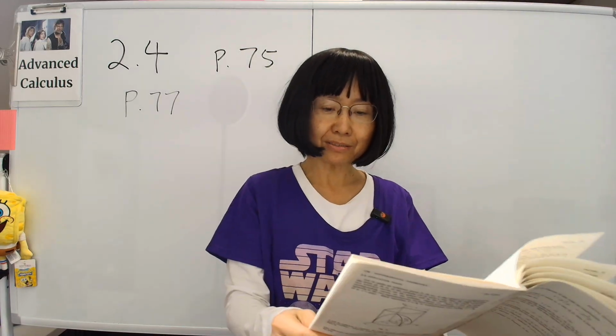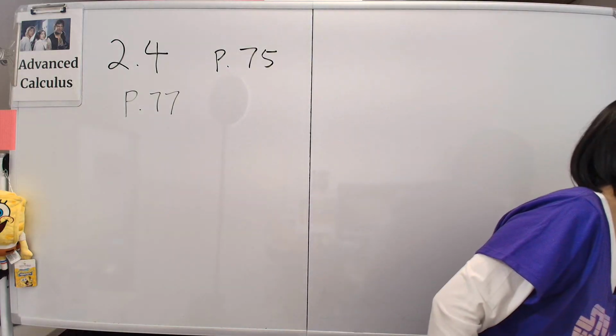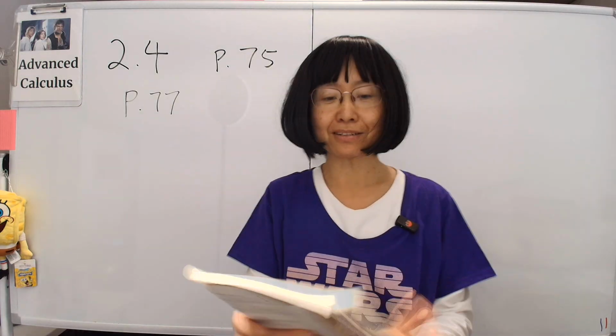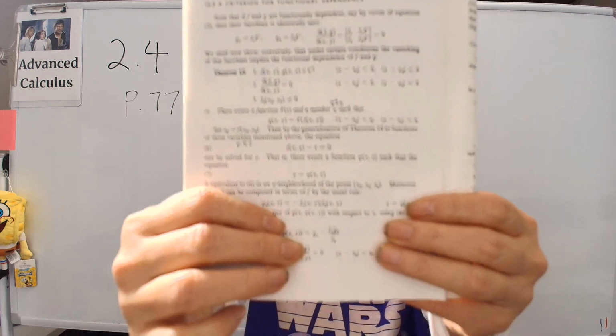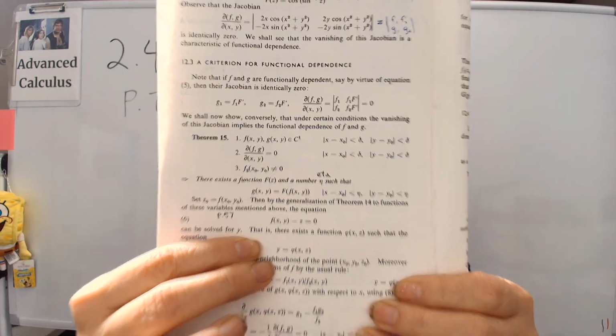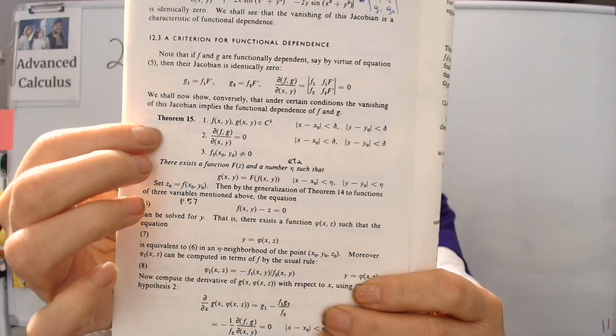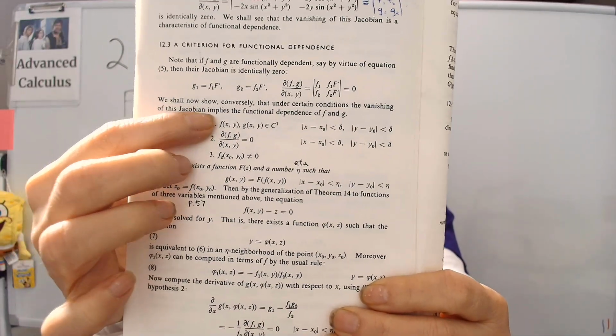So now that we know the Jacobians are 0, we're going to pull out some big guns from the past, specifically theorem 15. Let's look at theorem 15 from back on page 58. What was theorem 15 again? It was about functional dependence.